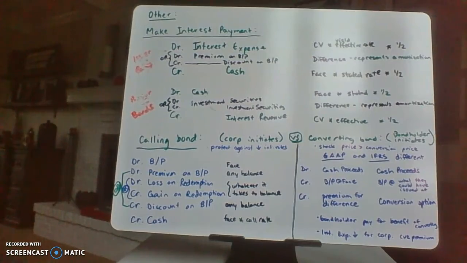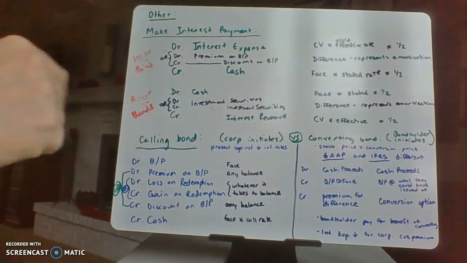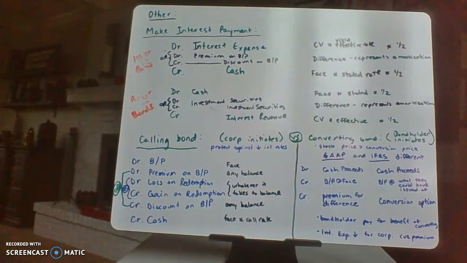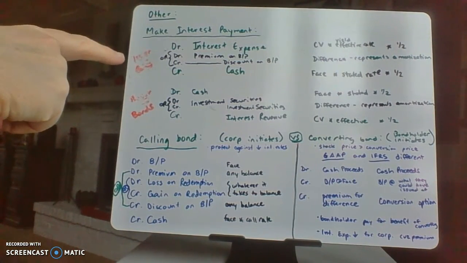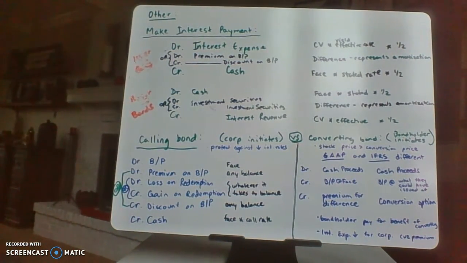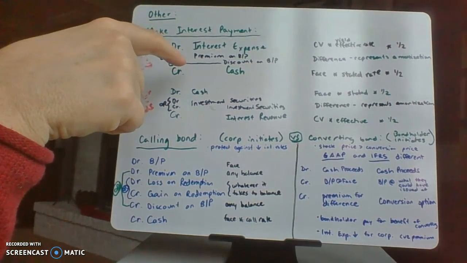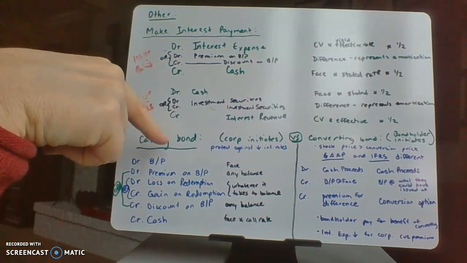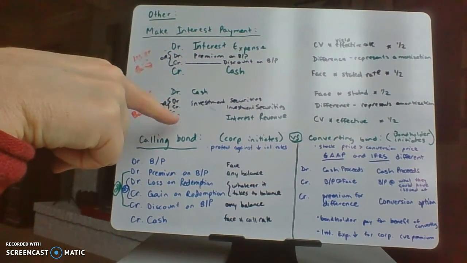The last thing then that I want to talk about is other, just some random things. So up here at the top, kind of the key. So this actually says issuer of bonds and buyer of bonds. It's smeared because I dropped it. So when we make an interest payment, the issuer of the bond is going to do this. The one who bought the bond is going to do this.